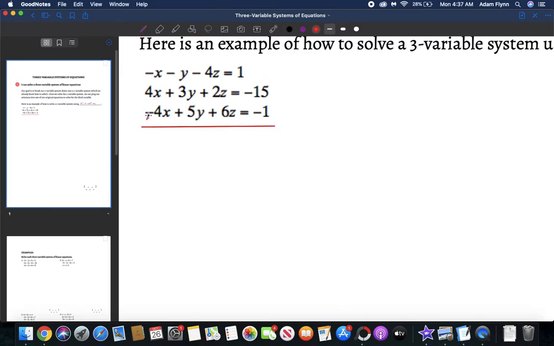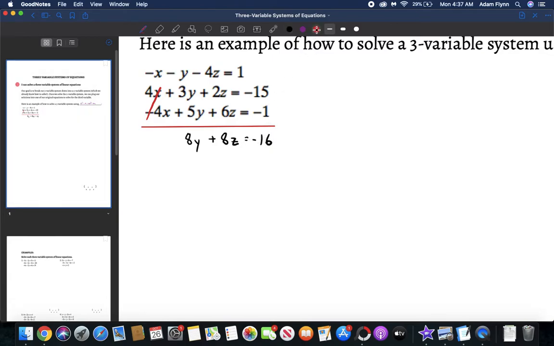So 4x minus 4x cancels out, it eliminates, and I am left with 8y. 2z plus 6z is going to be 8z. And negative 15 minus 1 is going to be negative 16.